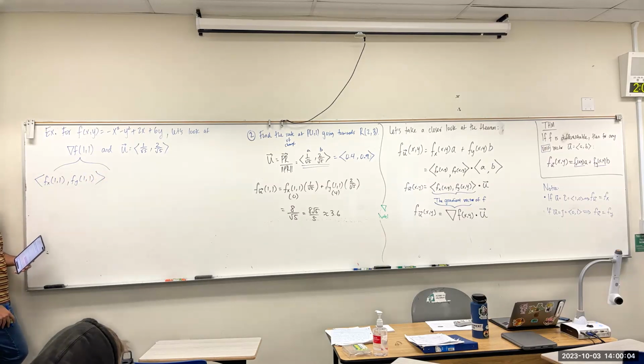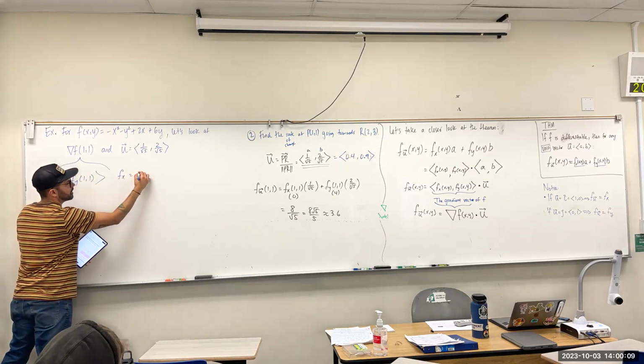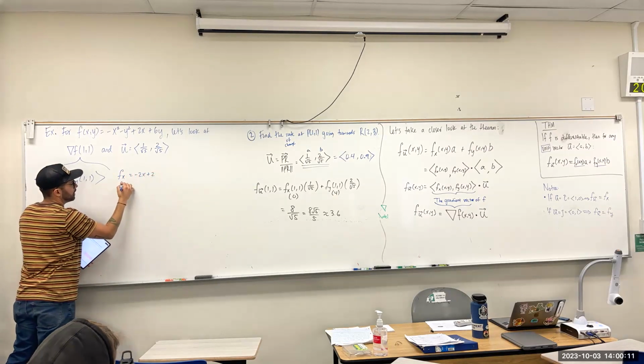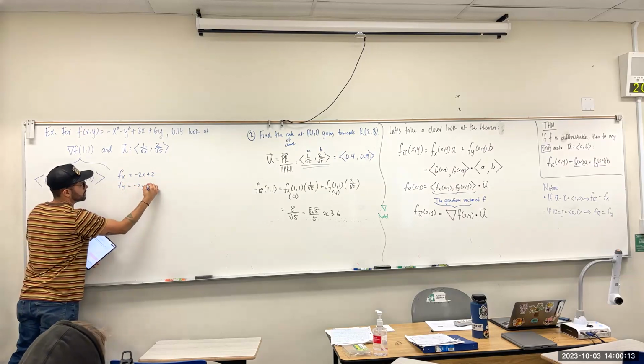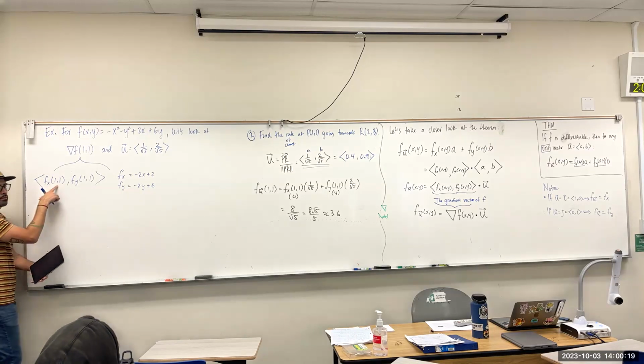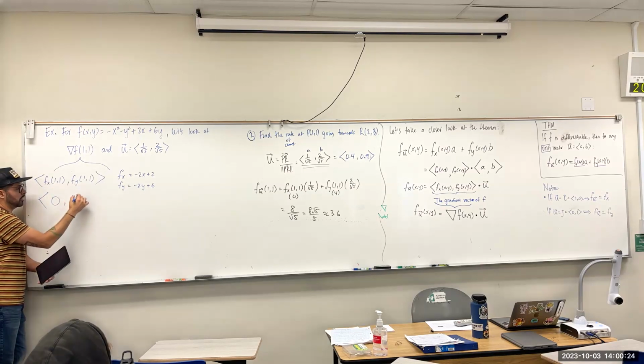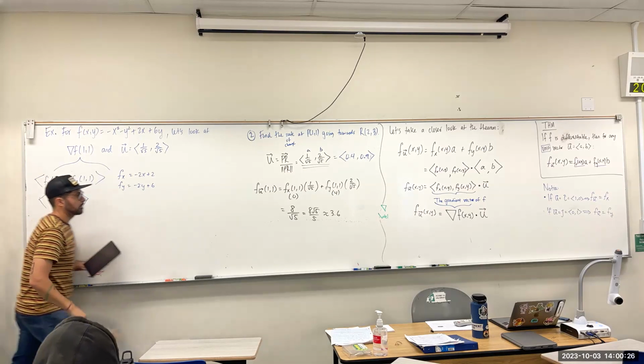I believe the partial of x we said was negative 2x plus 2, and the partial of y was minus 2y plus 6. So what would be the components at 1, 1? 0, comma 4.